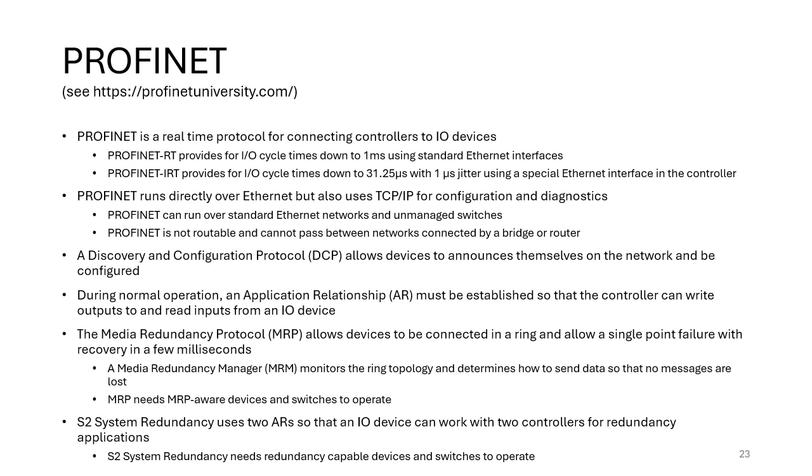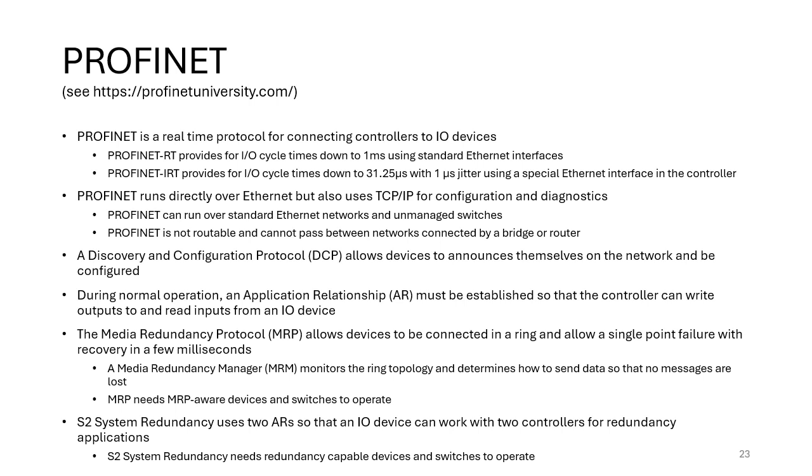However, MRP does need MRP aware devices, and if you're using switches on the network, you can use unmanaged switches, but then the unmanaged switch won't be detected if it fails. So normally it's preferred to use PROFINET level devices, which are both MRP aware and can handle that MRP switching themselves, as well as being handled by the media redundancy manager.